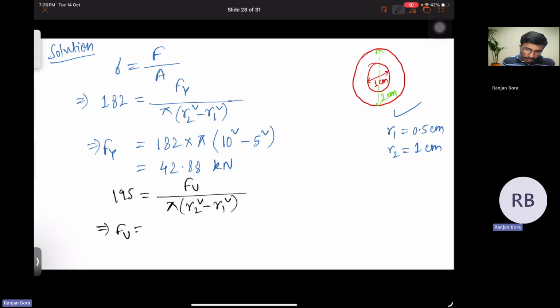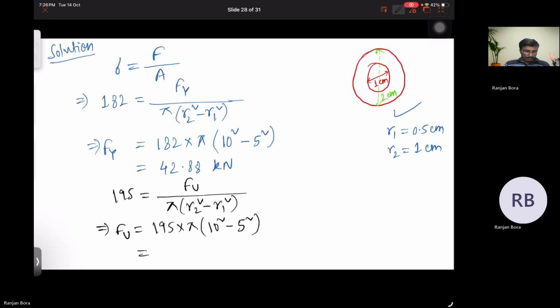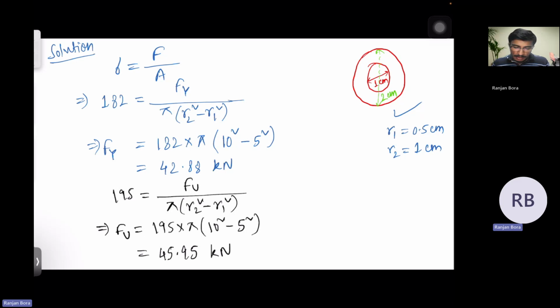From here, Fu equals pi times (10 square minus 5 square) times 195, which is 45.95 kilonewton. So we have solved the first part of the problem.